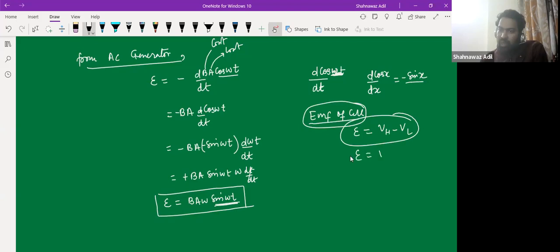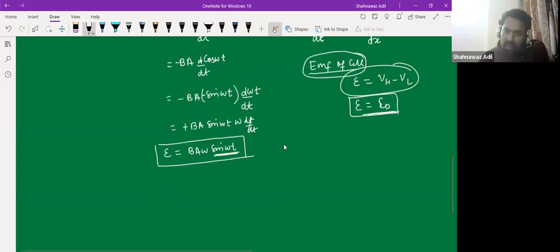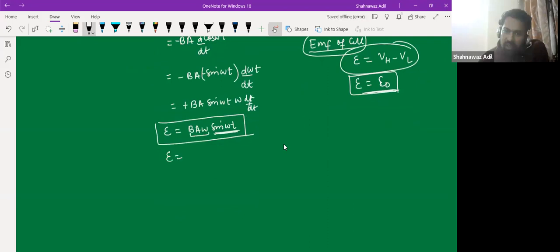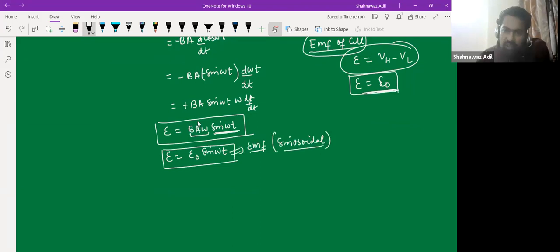So this was a constant quantity. But from this AC generator, we are getting a fluctuating voltage. So if we write sine omega t, this is sinusoidal, right? So this EMF is sinusoidal. So what is the variation that you are getting?